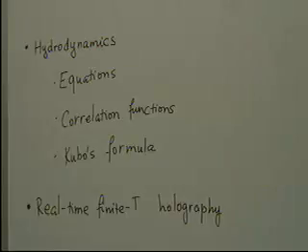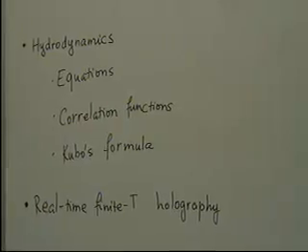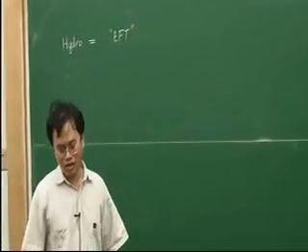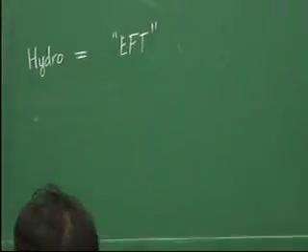So I'm going to tell you what you need to know about hydrodynamics in a slightly more modern language than what is usually done in the textbook. I alluded in the previous lecture that hydrodynamics is some kind of effective field theory for degrees of freedom that are long distance in the plasma.